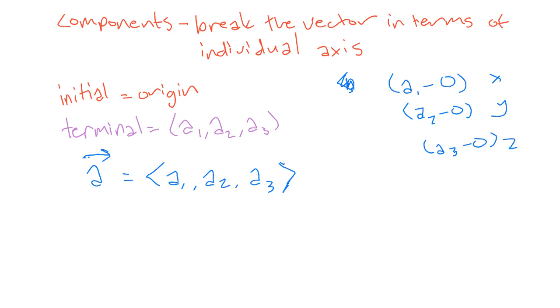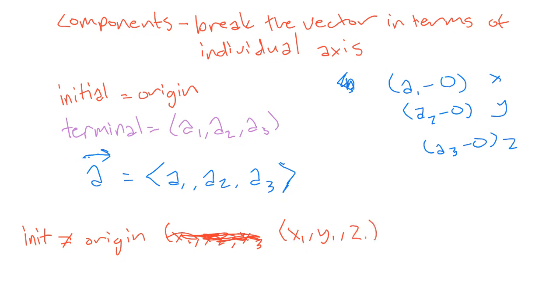But let's think about what if our initial point is not at the origin? Let me rewrite that. It's been a long day. Our initial point is at (x1, y1, z1), and that's the regular point.